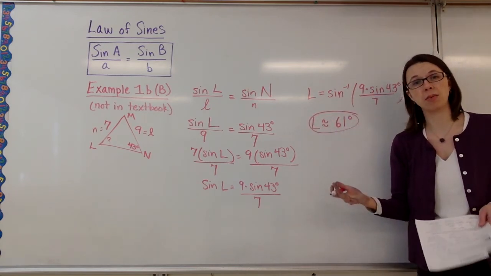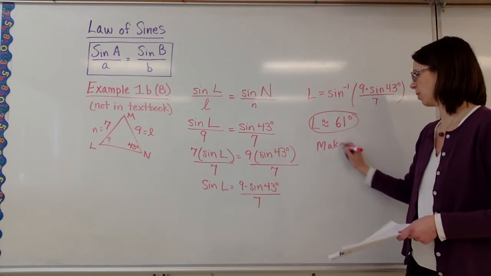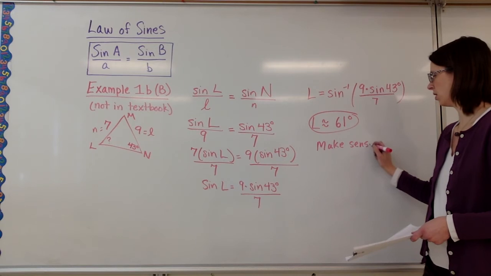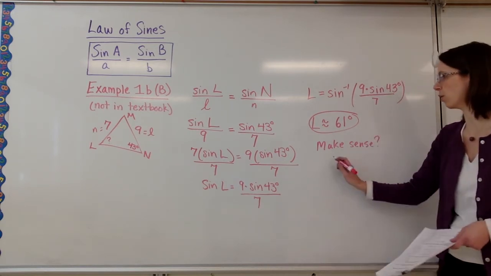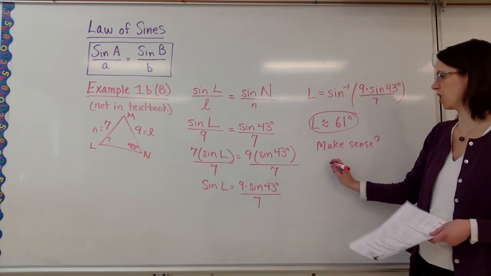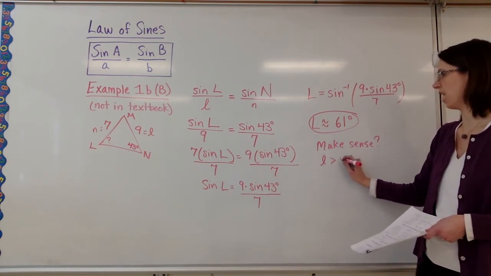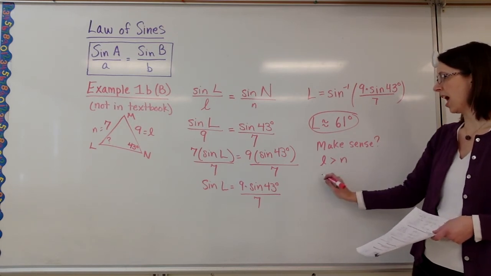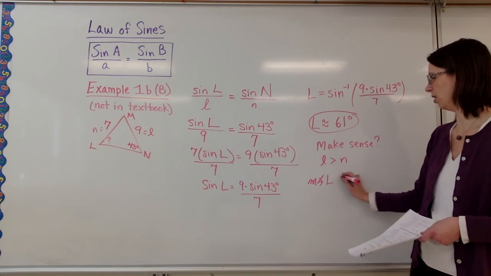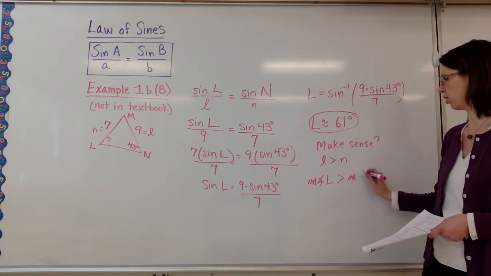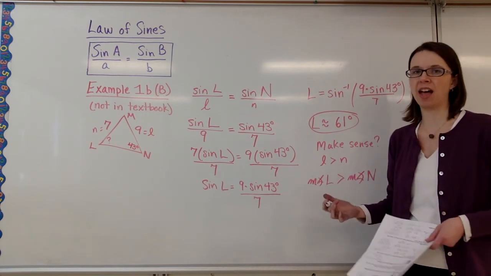As always, we need to make sure that this makes sense. So we check out the relationship between the larger angle and the larger side and see if that holds true. In this case, the side information that I have is that script L is greater than N. And so that means that the measure of angle capital L should be greater than the measure of angle capital N. And we'll go ahead and put in the values that we know.